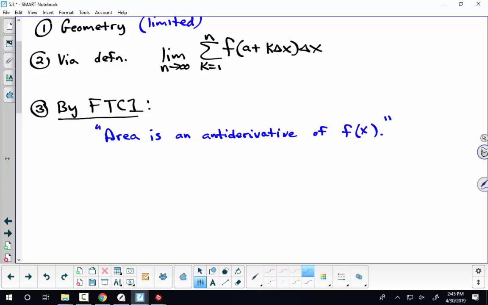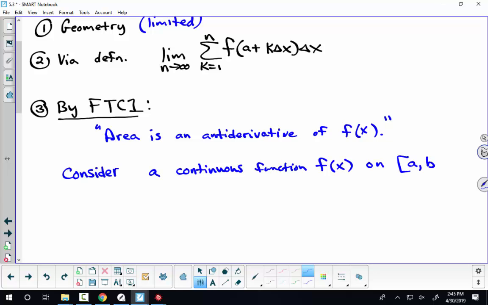So let's just consider a continuous function f of x on some closed interval a to b.